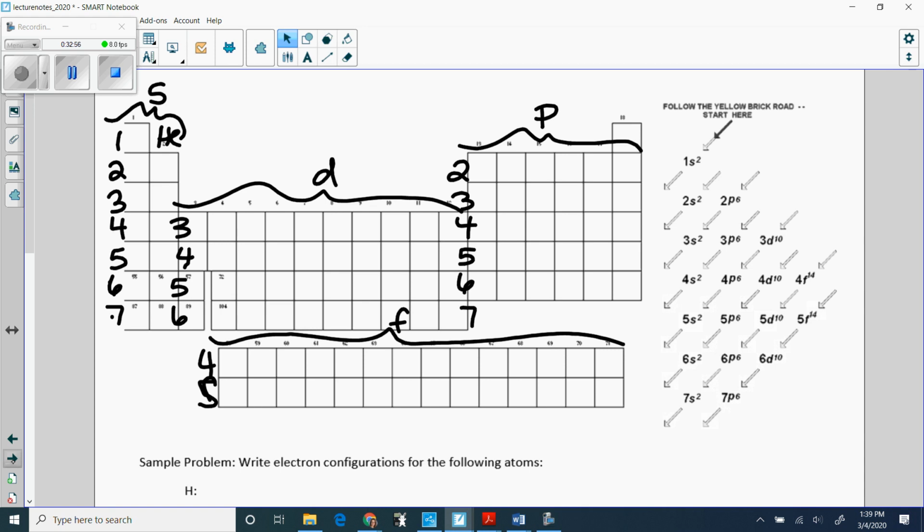Cesium is number 55, barium is number 56, lanthanum is number 57. But oh no! The next box is 72. 72 does not come after 57. What comes after 57? Just tell me a number. What number is next? 58, down here. So you just got to pay attention to your counting.